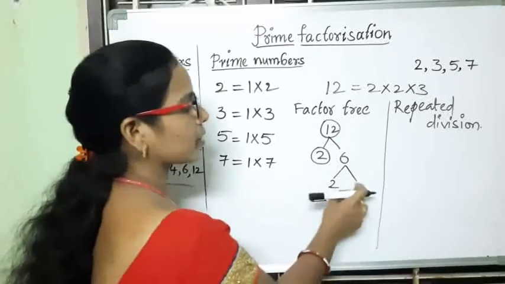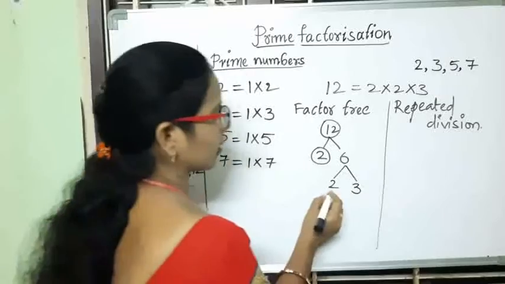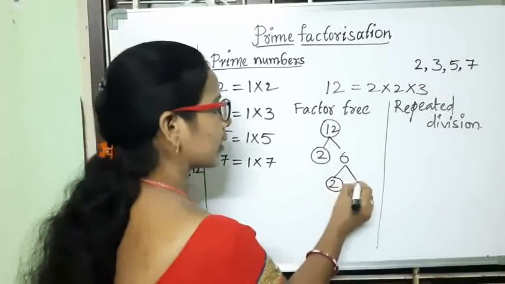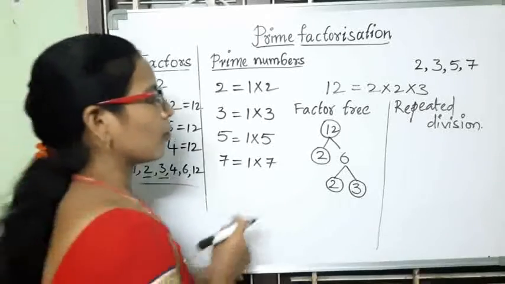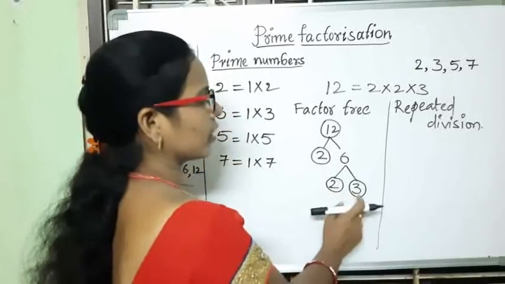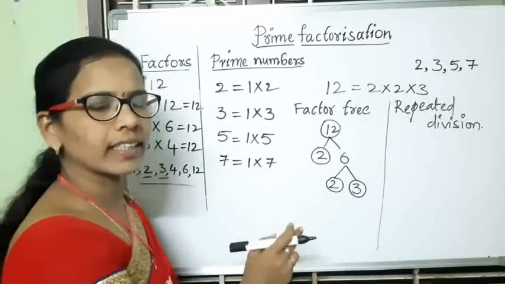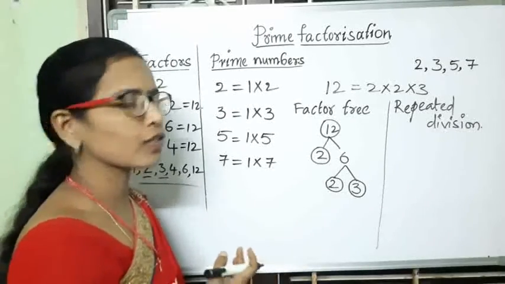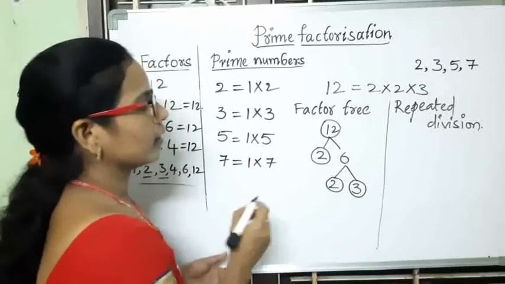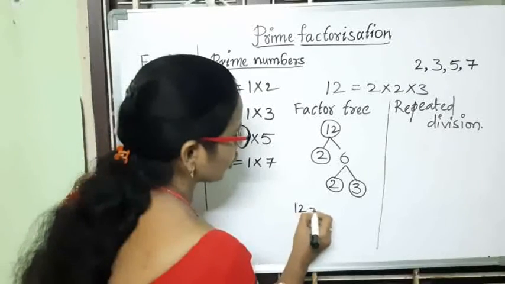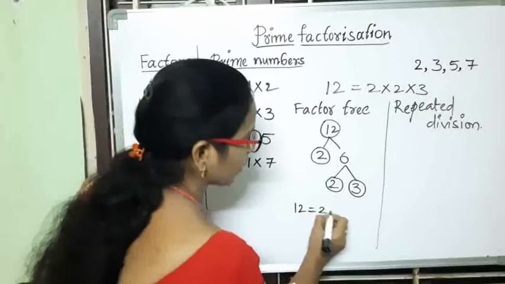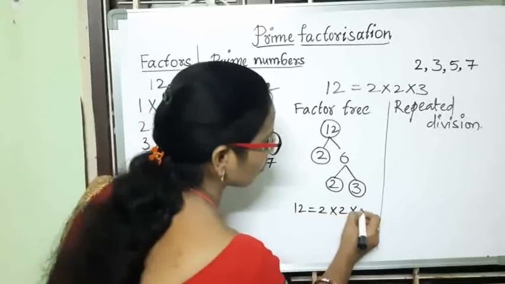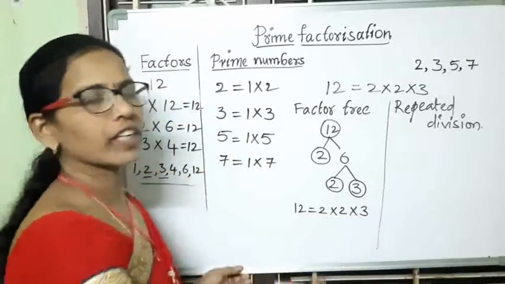So 2 times 3 equals 6. 2 is a prime, so you can circle it, and 3 is also a prime, so you can circle 3 also. Now we cannot break down 2 and 3 into further factors, so we can stop there. Here I am going to write the prime factorization of 12 as the product of prime factors: 2 into 2 into 3. This is the prime factorization of 12.